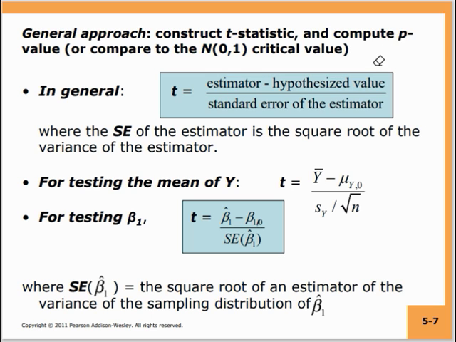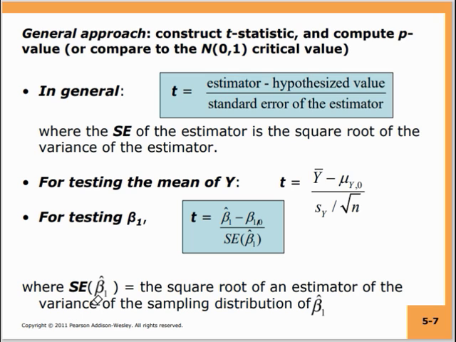In the case of the mean, the t-statistic is given as y bar minus mu y divided by sy by root of n. In the case of beta 1, the t-statistic is beta 1 hat, which is the estimated value, minus the hypothesized value, divided by the standard error of beta 1 hat.